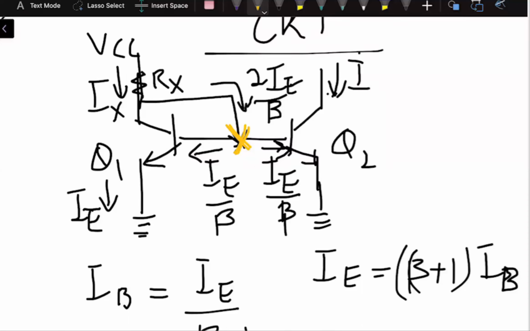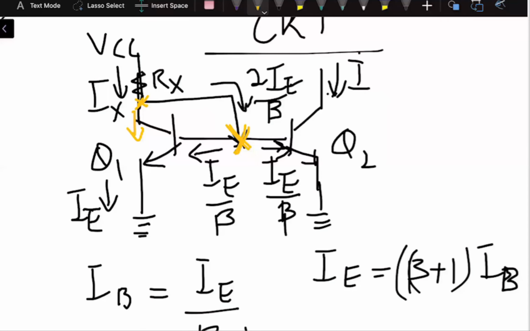Now at this specific point there is another node. At this node, the current flowing into it is IX, right? And then there is a current flowing in the collector of the circuit, which is IC, but IC is also equal to IE.